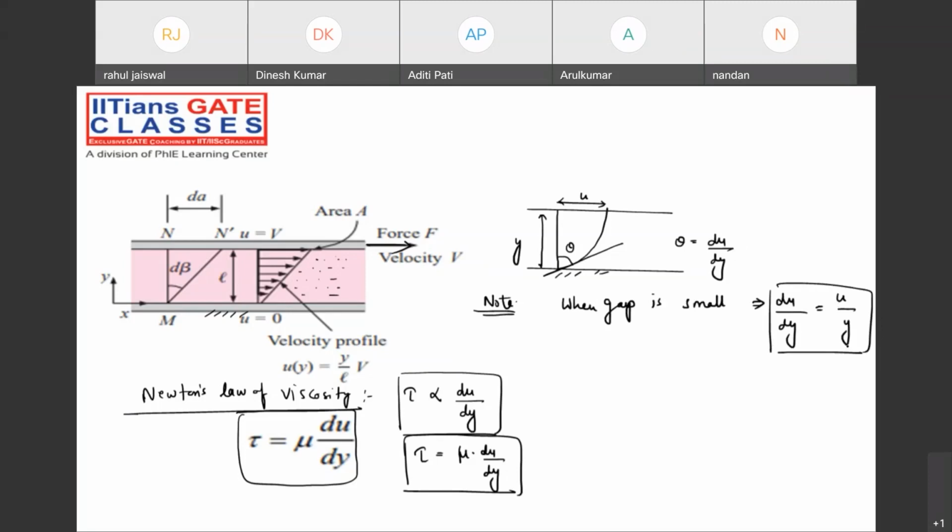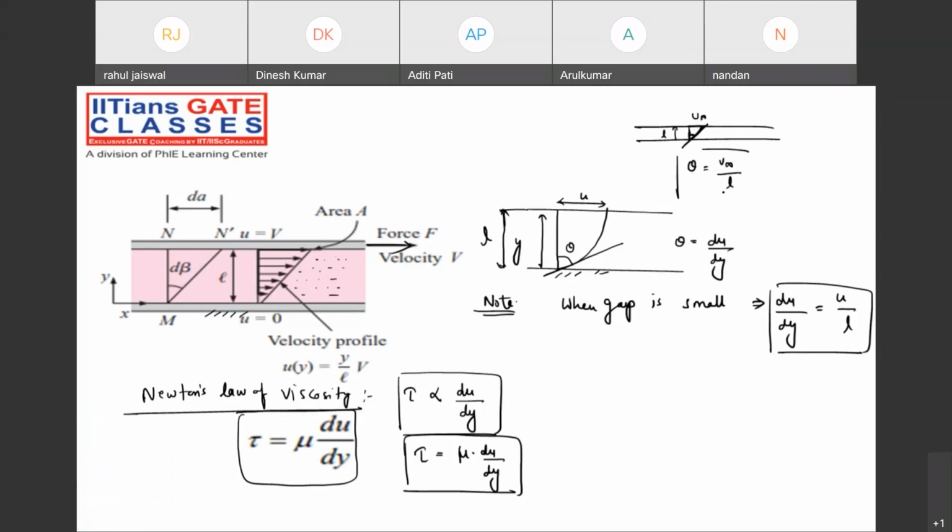Let's suppose that the gap is L. Then we can assume u by L. When the gap is very small, we can assume a linear profile. In that case, you can find by similar triangles, u infinity by L, directly the theta value.